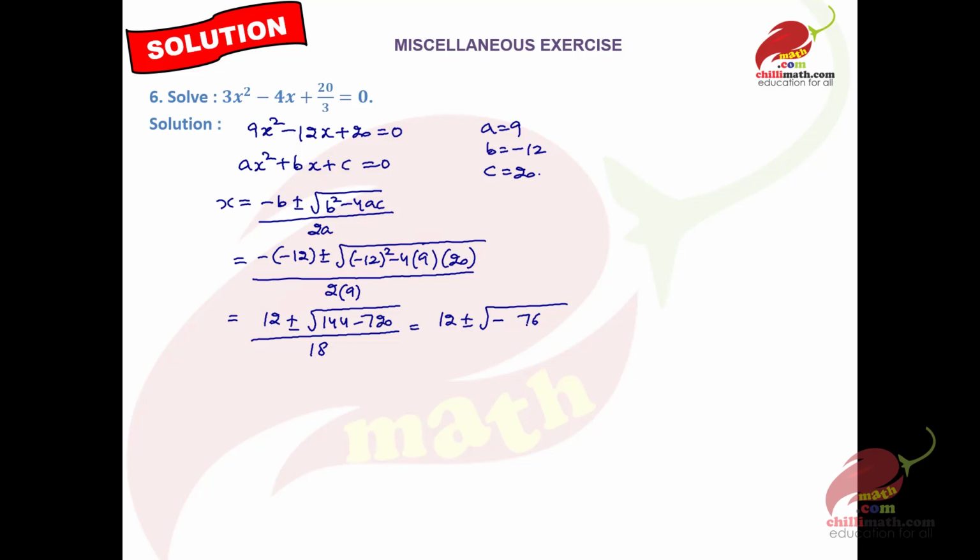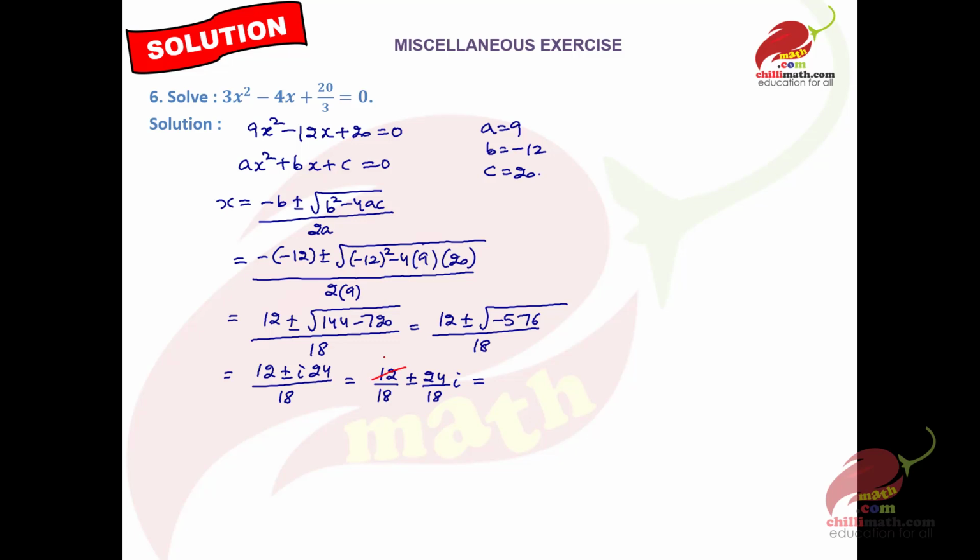square root of 576 over 18, which we can write as 12 plus minus, because minus is in the square root, so we'll write iota, and the square root of 576 is 24. So separating this, we get 12 over 18 plus minus 24 by 18 into iota.